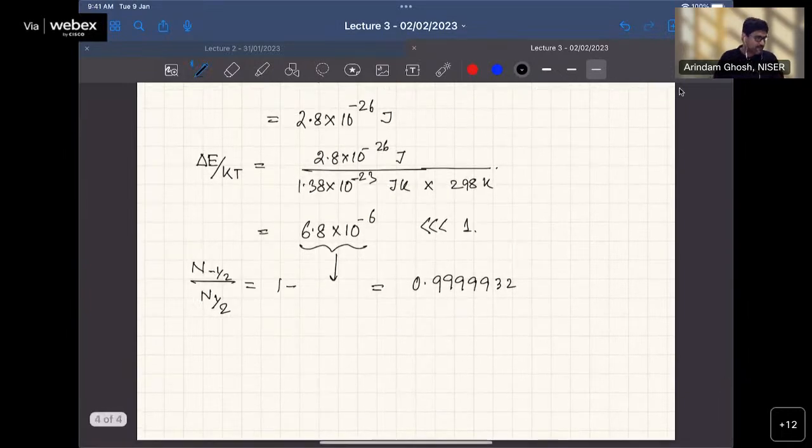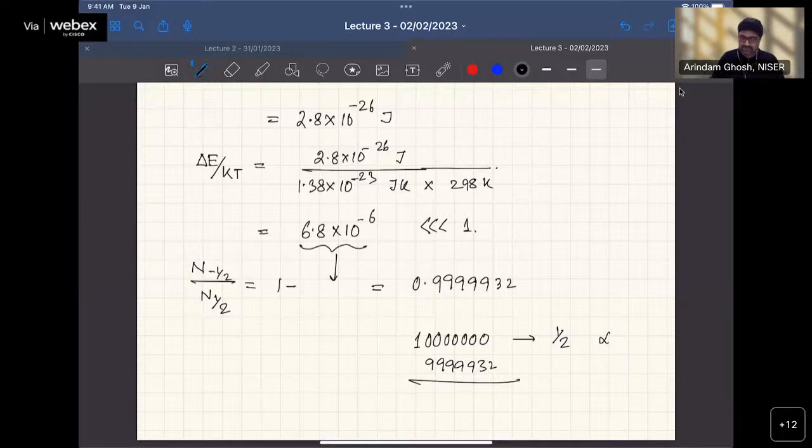It simply means that if you have, let me see how many zeros here, 1 crore, 2 crore molecules, and these many molecules are in the half state or the alpha state, then the beta state is going to be 9999932.